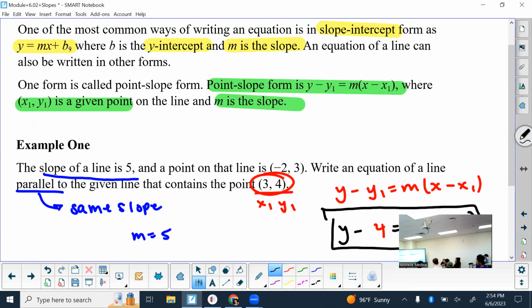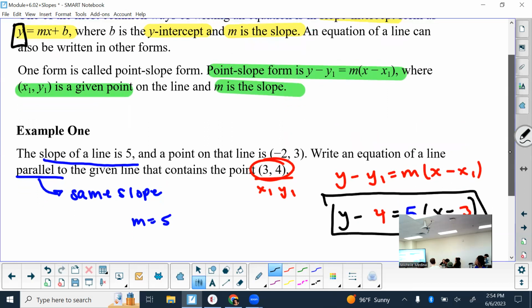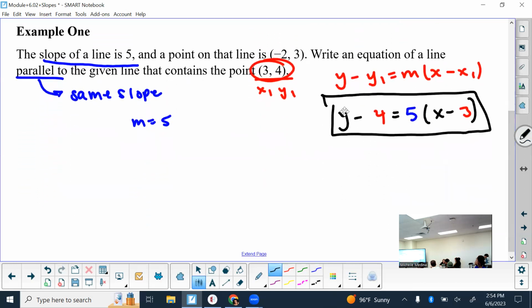Good try, but no. The y is alone on one side. I do have a y in this formula. It's not alone. If I can get it alone, then I can make it into slope intercept form.